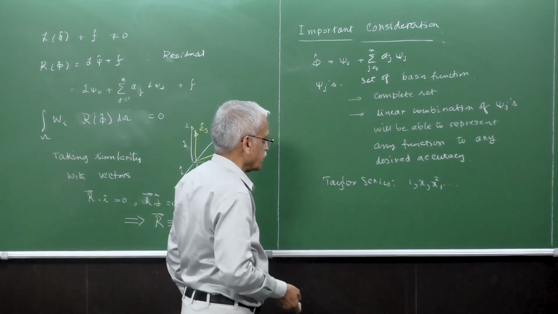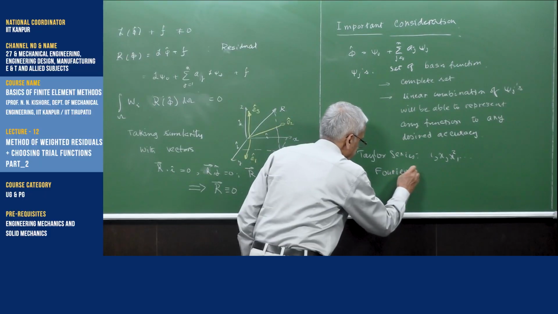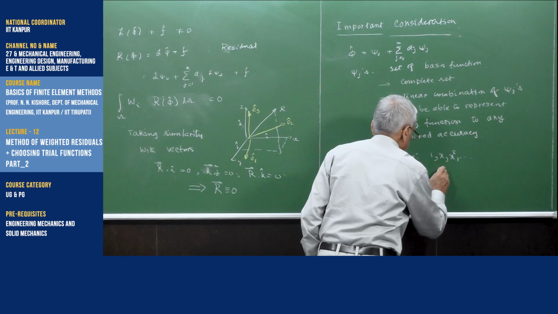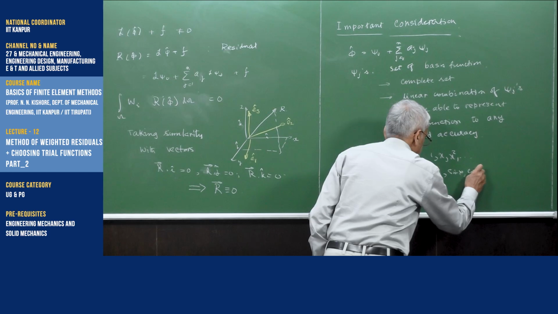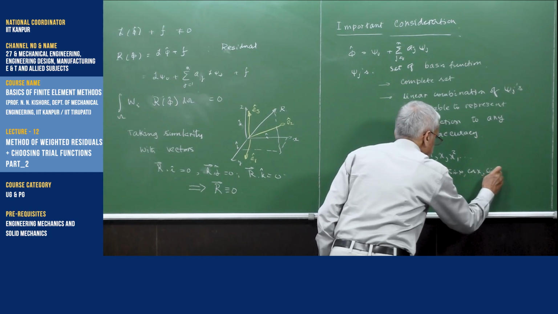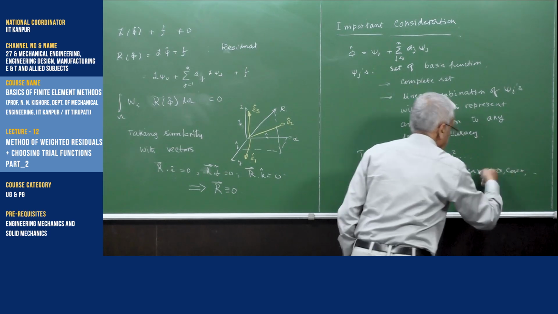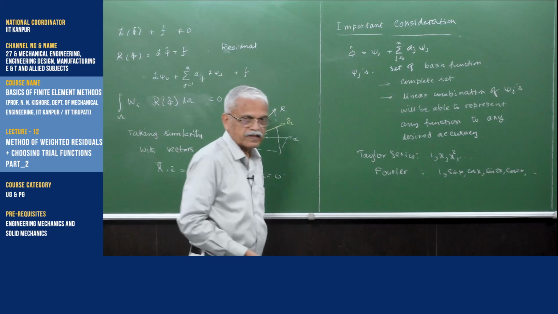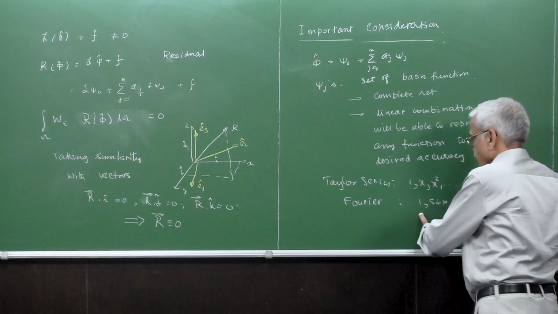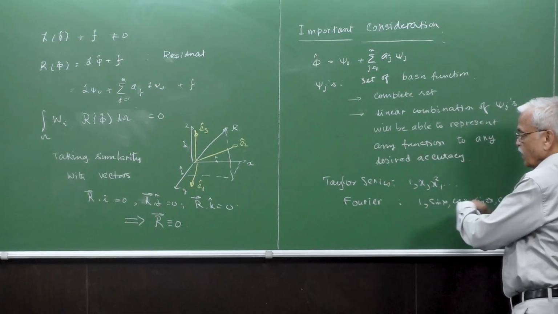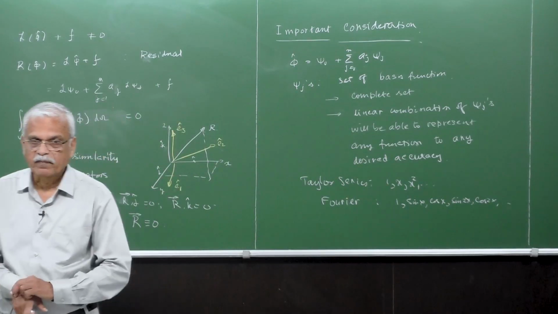It can also be converted to a Fourier series, where we have terms like 1, sin x, cos x, sin 2x, cos 2x. Of course, you can also put L and write x by L, 2 pi x by L. Essentially we are saying that a linear combination of these trigonometric terms will be able to represent any function in that domain in one dimension.